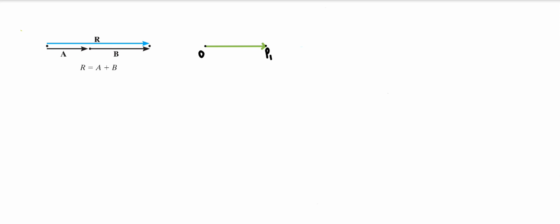Similarly, the position of P2 from P1 is represented by this blue vector. The resultant should have the combined effect of these two. That is, the resultant should represent the position of P2 from O. You can see it's obvious.